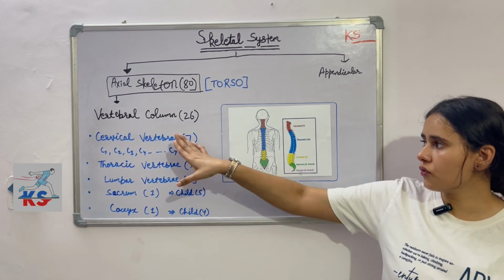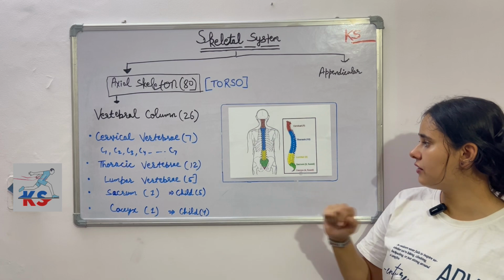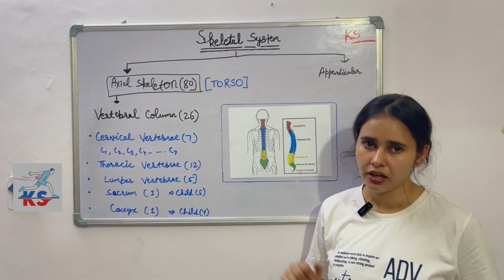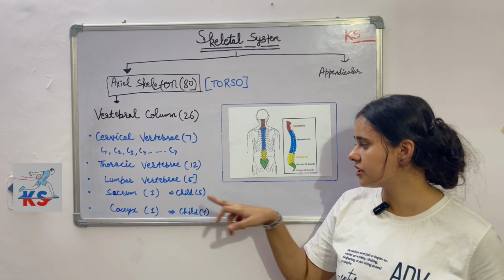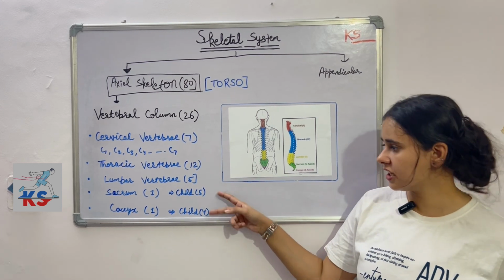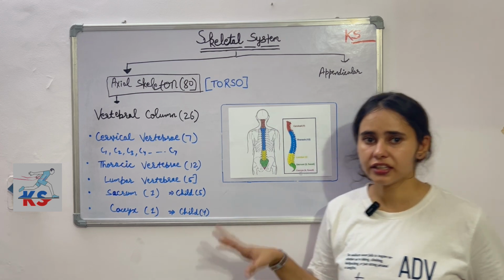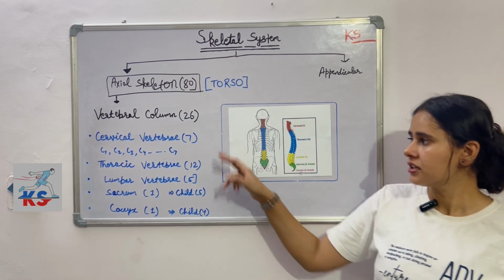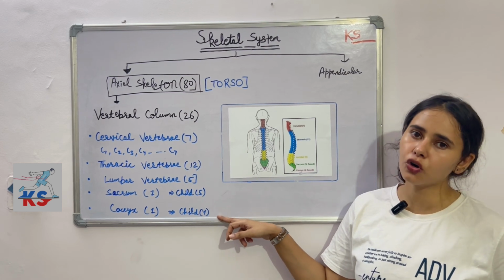So the ratio of vertebral column in an adult is 7:12:5:1:1. Okay. But in a child this is 7:12:5:5:4. Okay. These 2 bones get fused by adulthood and become 1. Okay, this is all about vertebral cavity. Cervical vertebra, thoracic vertebra, lumbar vertebra, sacrum and cox bone.